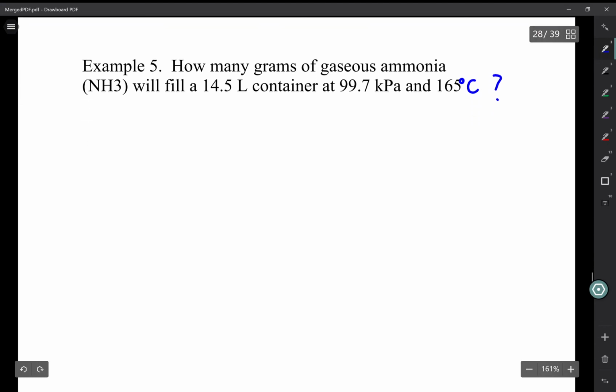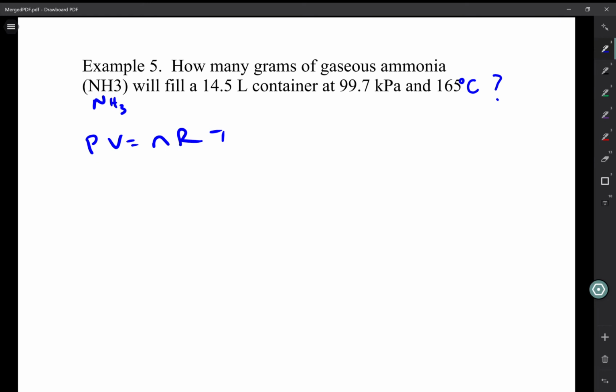All right, another example. How many grams of ammonia, which is NH3, subscripts didn't work there, will fill a 14.5 liter container at that pressure and that temperature? All right, so PV and RT. Do we have our pressure?